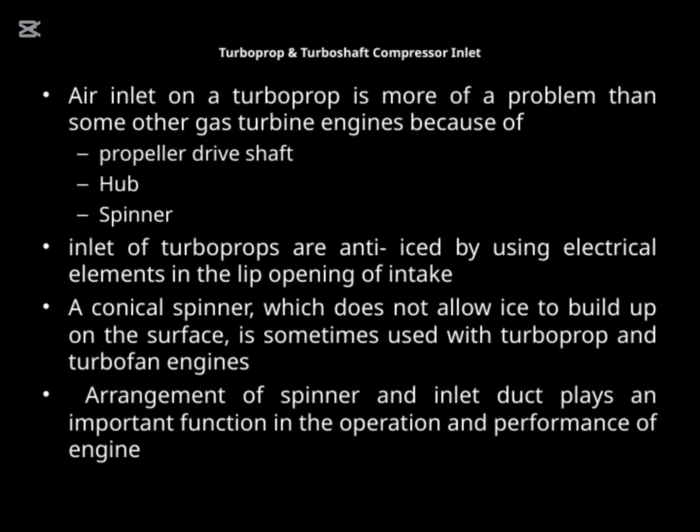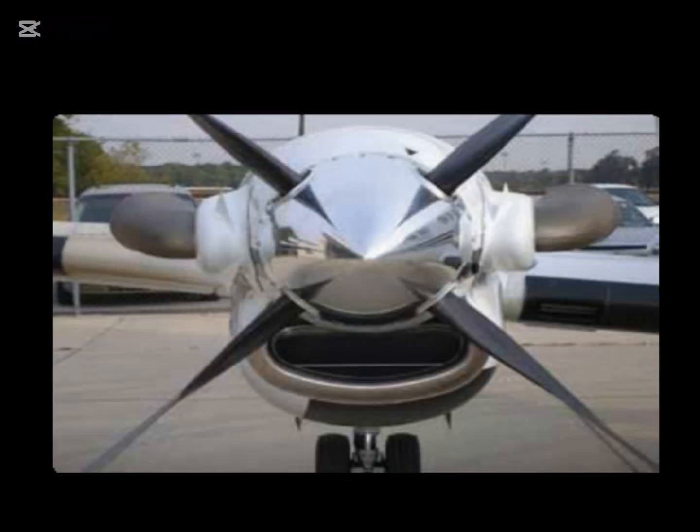A well-designed inlet system ensures optimal airflow, which is essential for the engine's efficiency, power output, and reliability. So, understanding these components and their functions helps us appreciate how critical inlet design is in the broader context of engine performance and safety. This slide doesn't contain enough information.